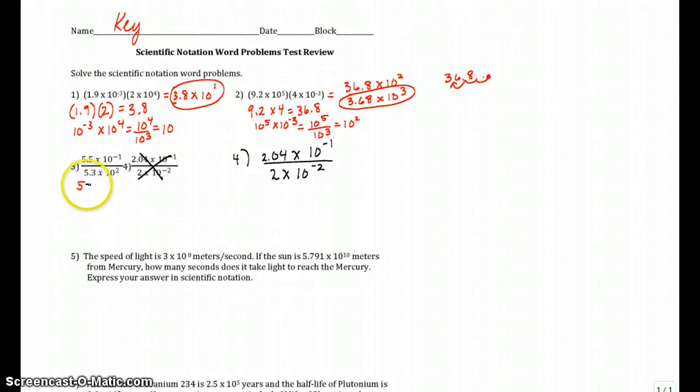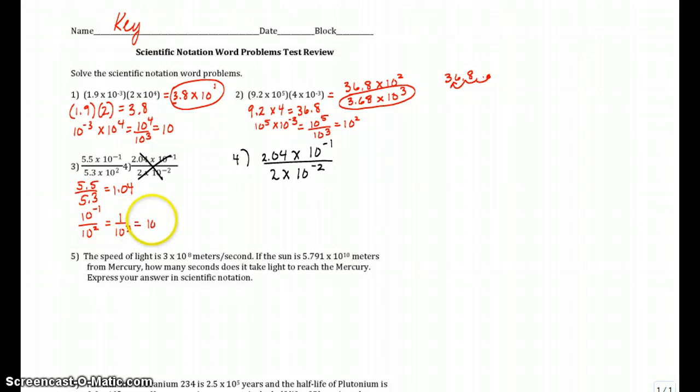These are division. 5.5 divided by 5.3 gives you 1.04. Again, you're doing these on your calculator. You have 10 to the negative 1 divided by 10 to the second. 10 to the negative 1 comes down using the negative exponent property, so it's 1 over 10 to the third, because you have 10 to the second and another 10 to the first is 10 to the third.